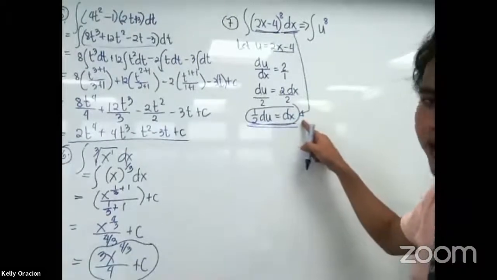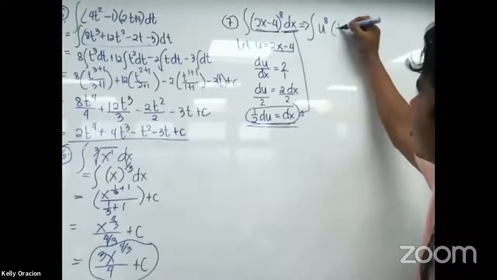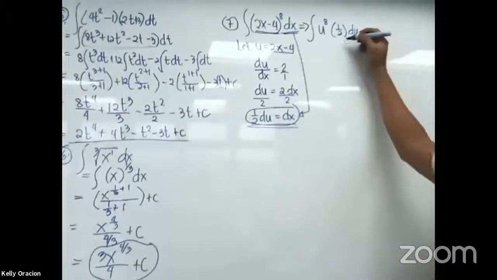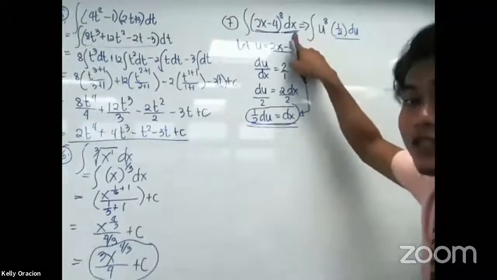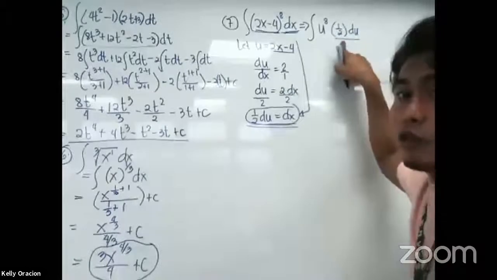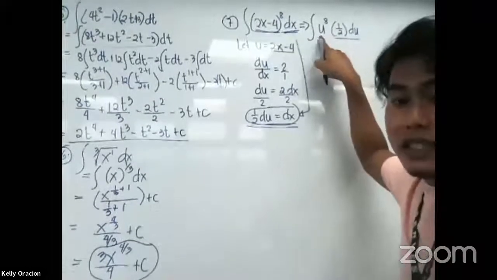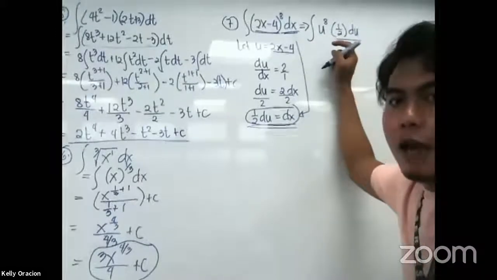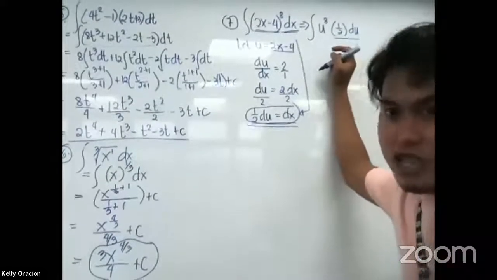Substitute the value of your dx, which is 1/2 du. Again, saan galing ito? Dx man siya, so dapat dx diri. The answer is no. Ang variable mo kasi dito is u. The variable of your integration is dx, so dapat parehas sila. Kung u, du.